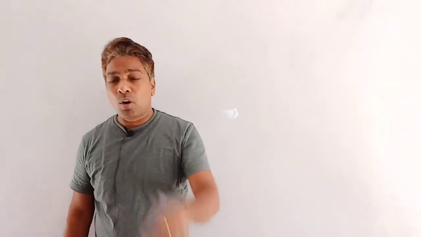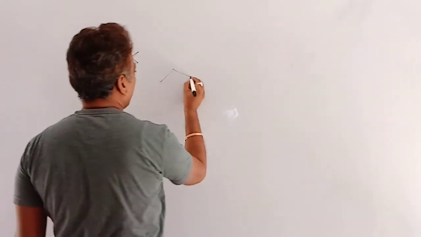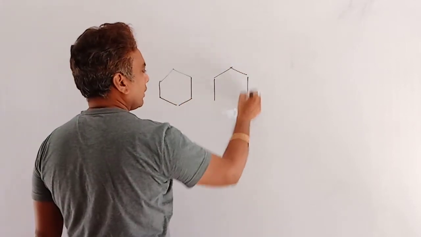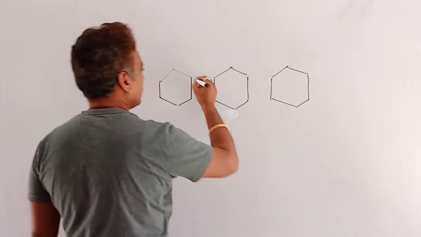On decreasing the bond angle, the value of dipole moment increases. For example, in case of cyclo compounds, we can easily compare with the help of the bond angle between the groups like this.